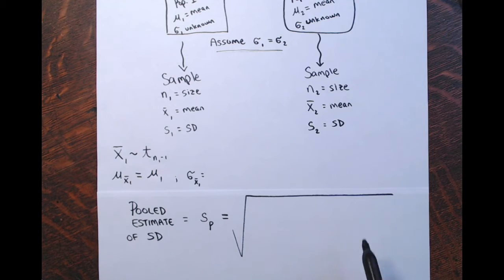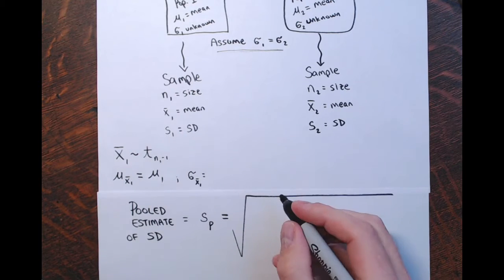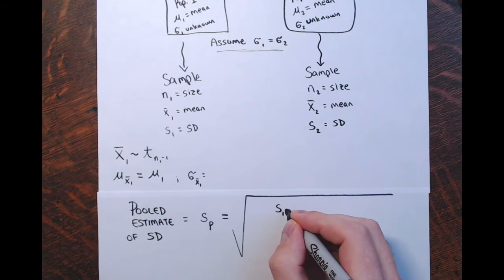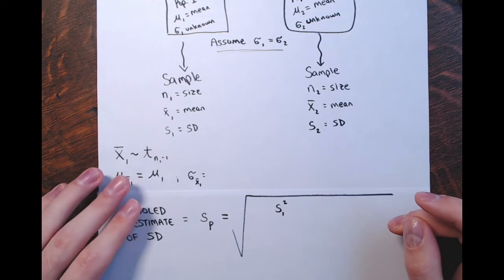And then remember, in the numerator for standard deviation calculations for samples was the sum of all the squares of the deviations. How far away every value was from the mean, and then squared. Well, I only have these values S1 and S2. If we take S1 and square it, that gives us the variance.